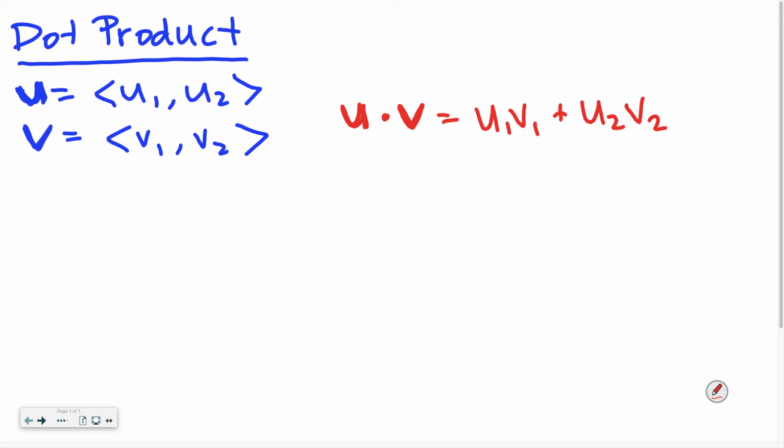Okay, so we're doing dot products. Will we also be doing cross products? At the end of second semester, yes. But we have to be in 3 dimensions for that. We won't do that until after we're done with all the AP stuff.